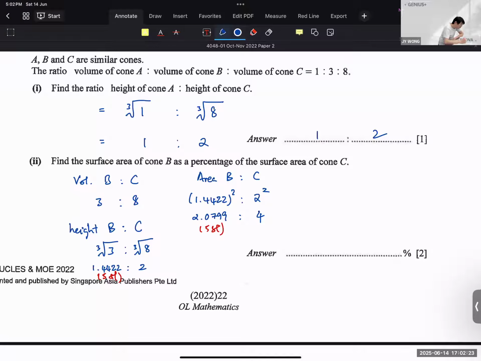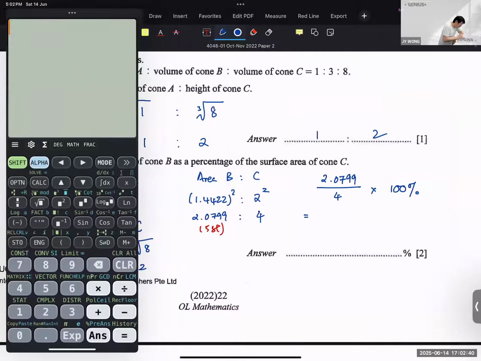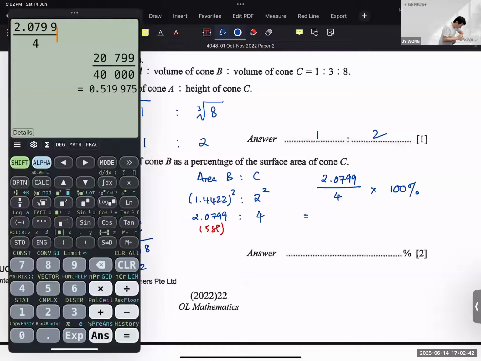So this will give you surface area of B as a percentage of surface area of C will just give you 2.0799 out of 4 times 100%. You will get 52.0% in 3SF.